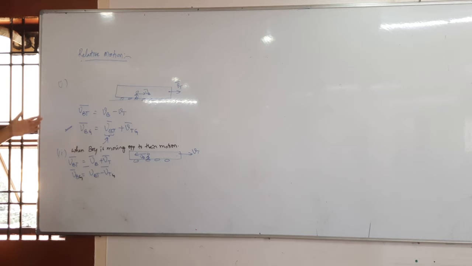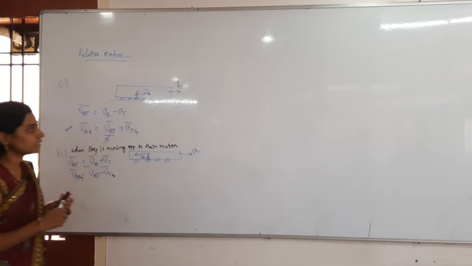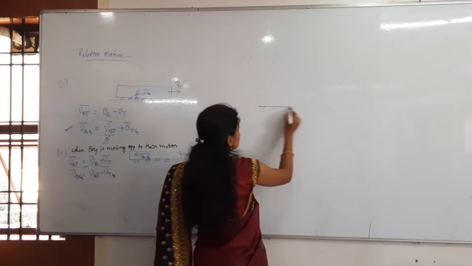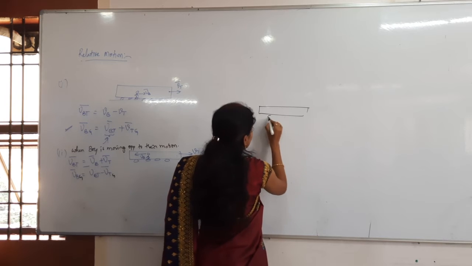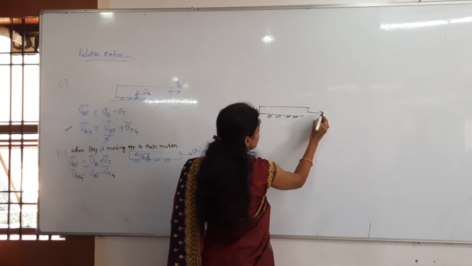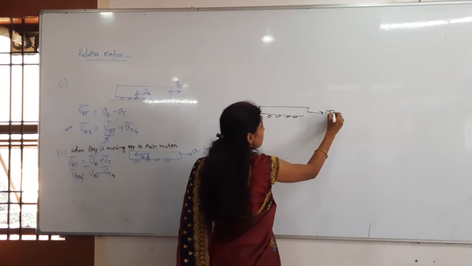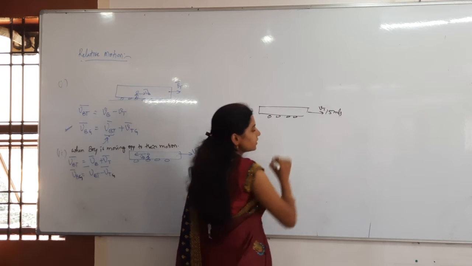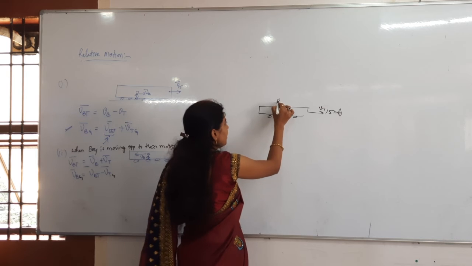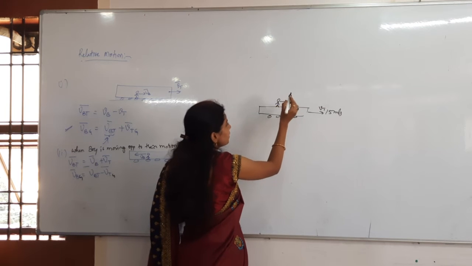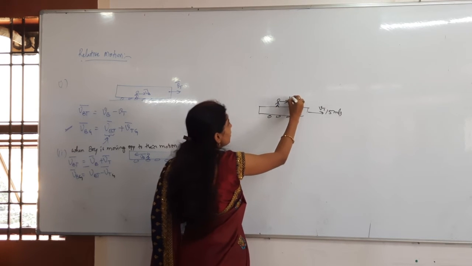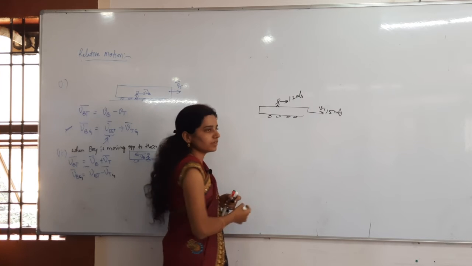See, the first case only they said. That train is moving with Vt. How much did they say? I think 10 meters per second. 15 meters per second. This is the velocity of the train. Now the man is walking on the train with what velocity? 1.2 meters per second.